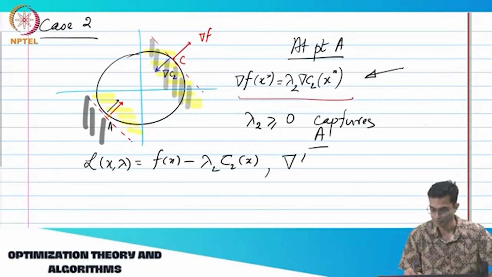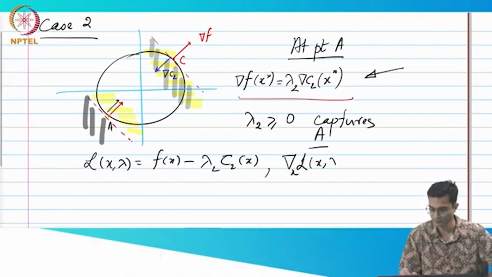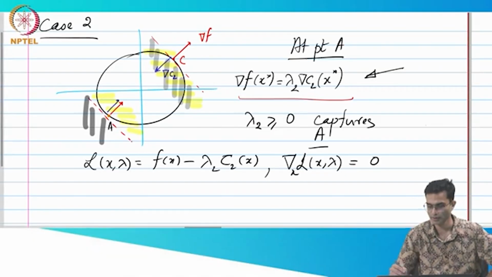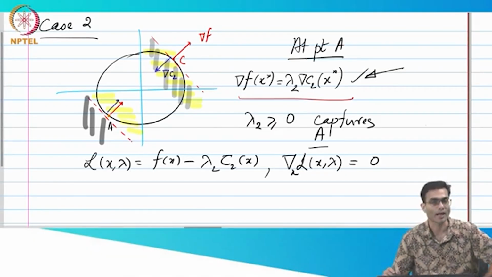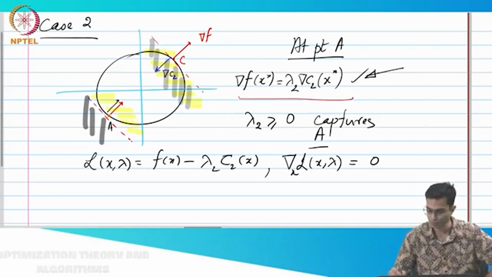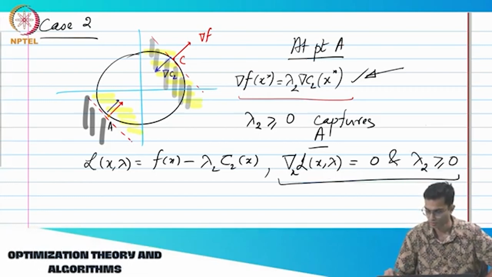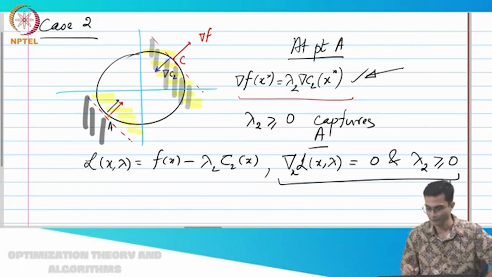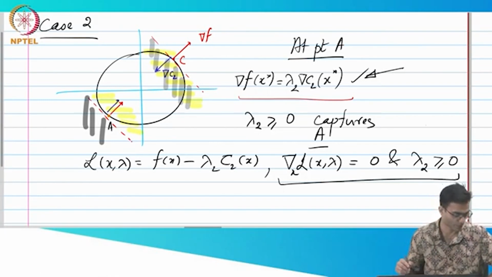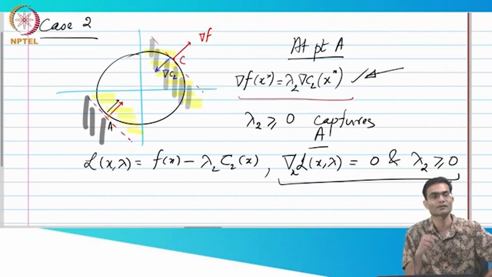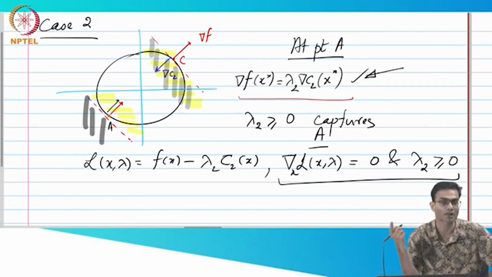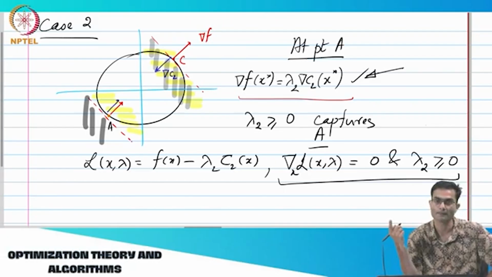Grad L with respect to x, if I set it equal to 0, it captures this, and lambda 2 greater than equal to 0. So in case 2, this is what I have. In case 1, you have seen what we had. We had grad L equal to 0 and lambda 2 equal to 0, right?